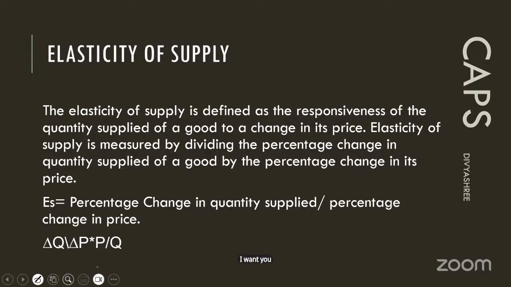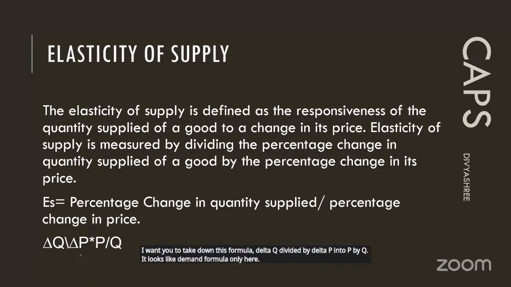I want you to take down this formula, delta Q divided by delta P into P by Q. It looks like demand formula, only here Q is not quantity demanded, here Q is quantity supplied. Have you taken down? Yes, ma'am.